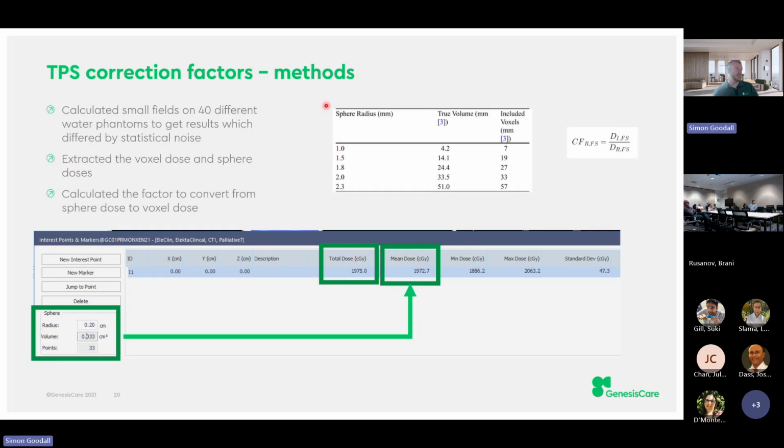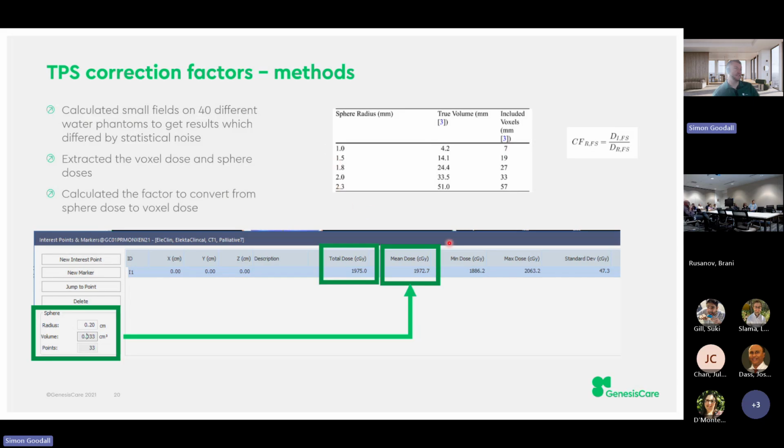Within the TPS that we're using, at least, as you increase the sphere radius, you essentially just extract more voxels in an increasing spherical approach. So it's a block-wise sphere, if you like, that corresponds directly.